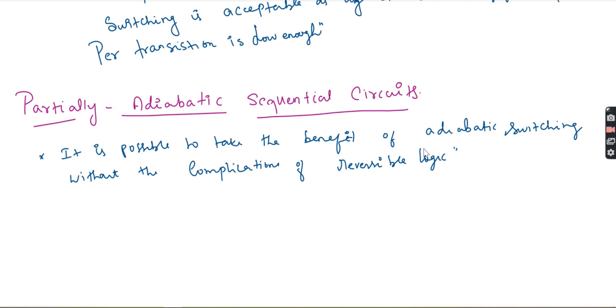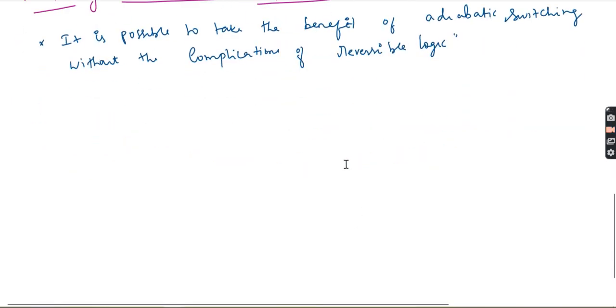So now here let us take an example of a partial adiabatic circuit, a simple flip-flop style adiabatic charging logic gate, that is a NAND gate. Okay, the first example we are going to take here is the flip-flop style.